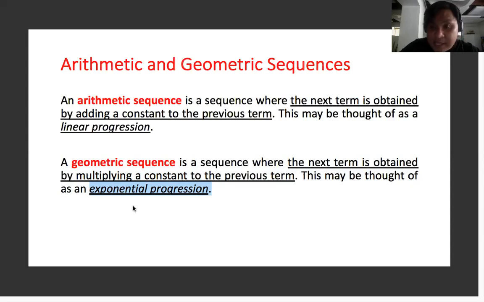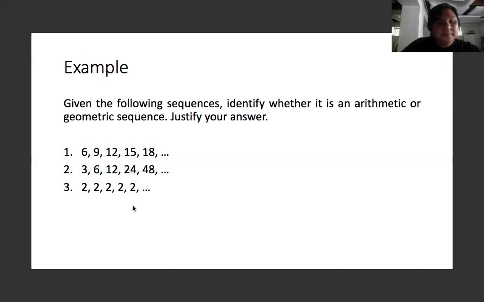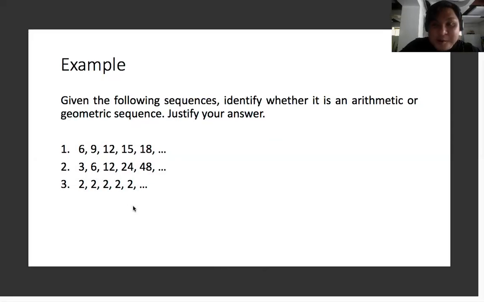All right, I think the next slide will be examples of arithmetic and geometric sequences, and I think you're supposed to identify them. Let's see. Aha, right, so we only have 3 sequences here. In the 3 sequences provided, you are to identify whether it is an arithmetic or geometric sequence.